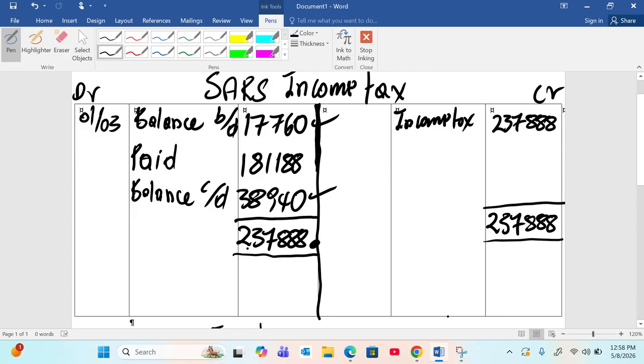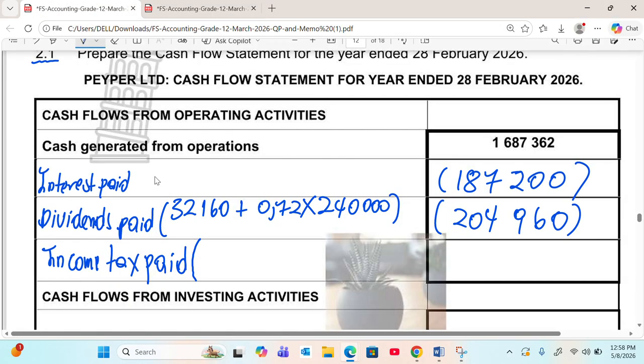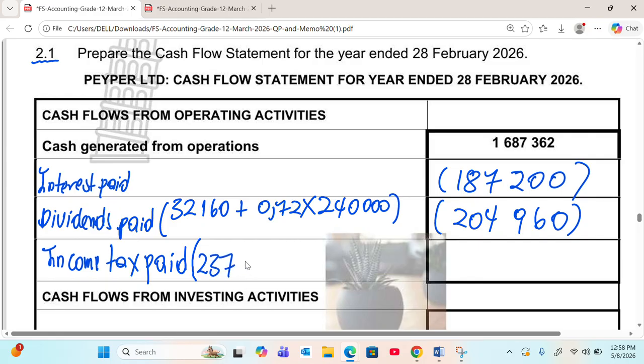So this is what we need to do now. Go to the cash flow statement, open a bracket. So we took the income tax of how much? 237,888 minus 17,760 minus 38,940.